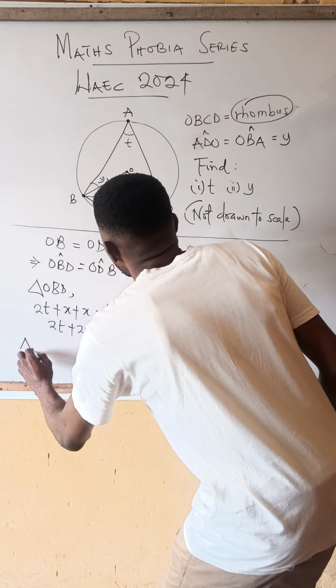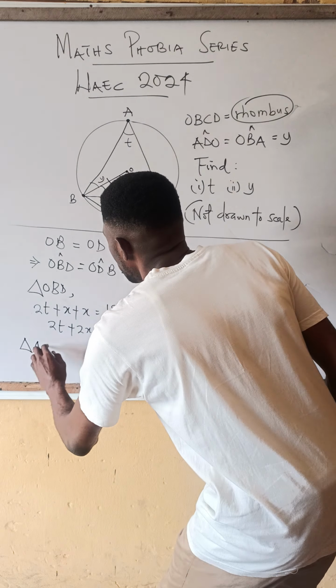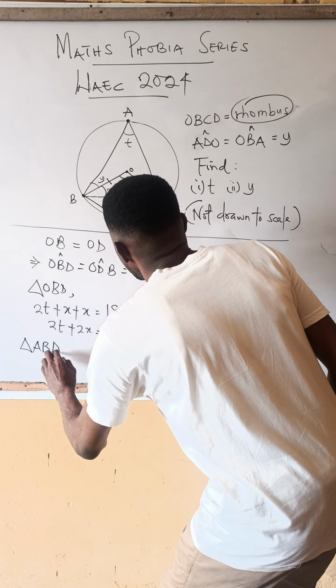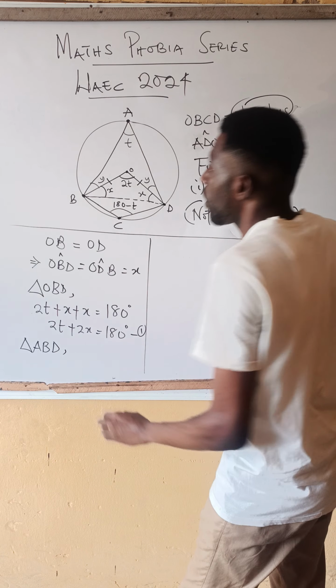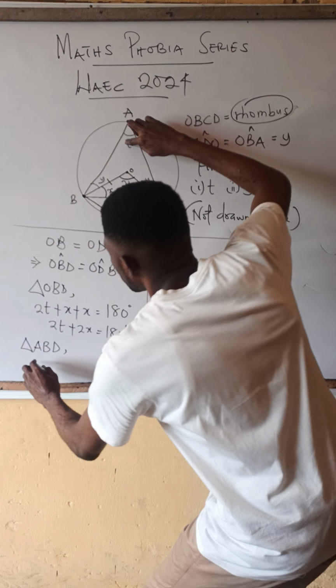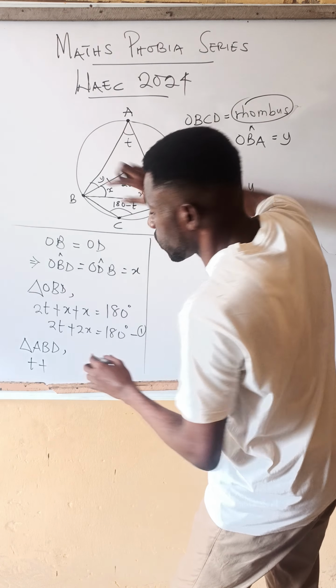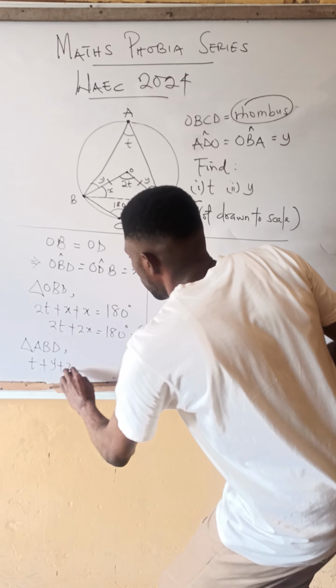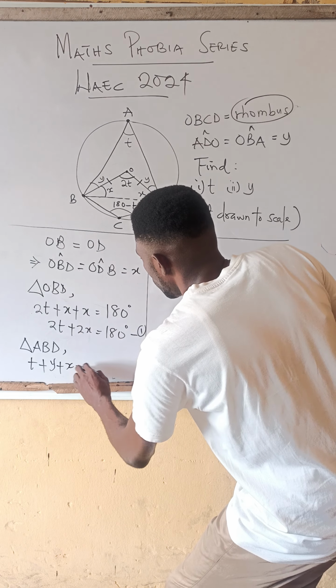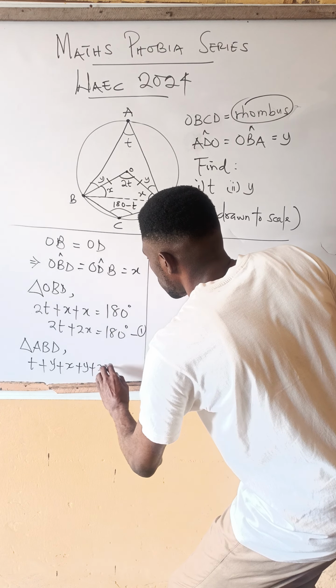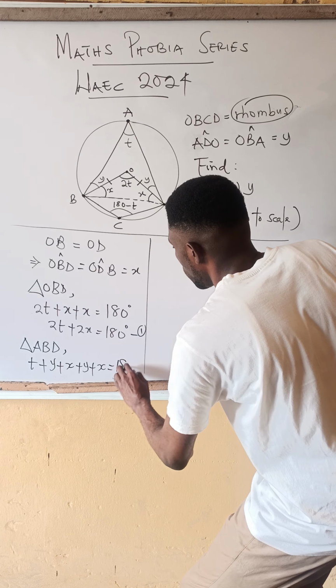Equation 1. Also, let's use the bigger triangle. From triangle ABD, the bigger one. Sum of angles in the triangle, we have t plus these 2 they are together. So we call them y plus x. Y plus x, we come to this side again, plus y plus x, total 180 degrees.